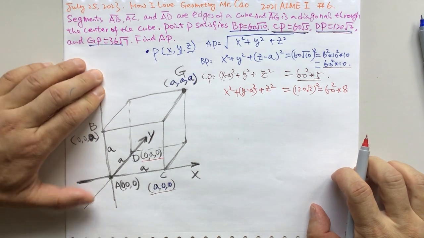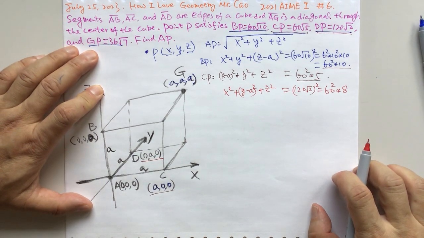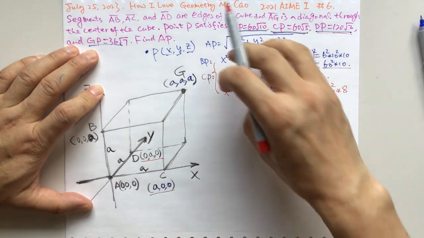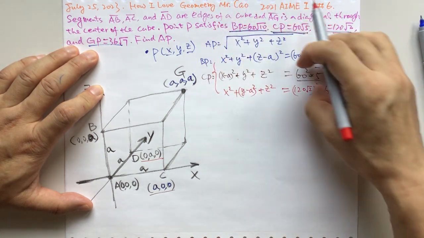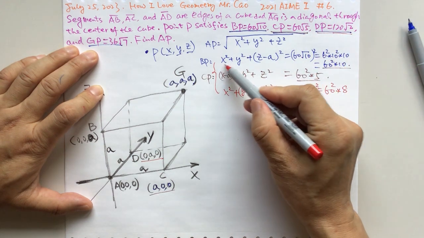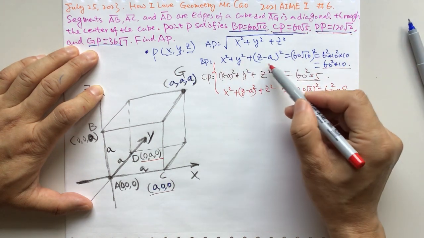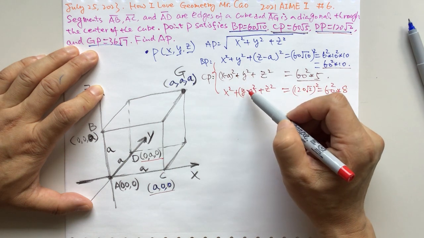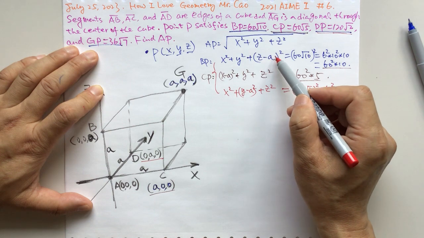If we add all of them, left-hand side and right-hand side, we get 2x squared, 2y squared, 2z squared, and (x minus a) squared, (y minus a) squared, (z minus a) squared.